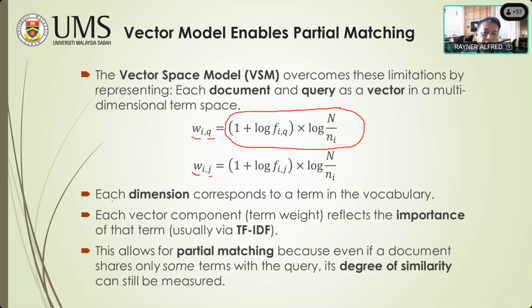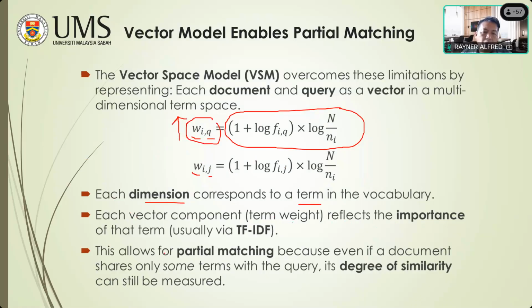Okay, so each dimension corresponds to a term. Each dimension corresponds to an individual term in your query and in your document. For each vector component, the term weight reflects the importance. The bigger the weight, the more important the term is in the document.